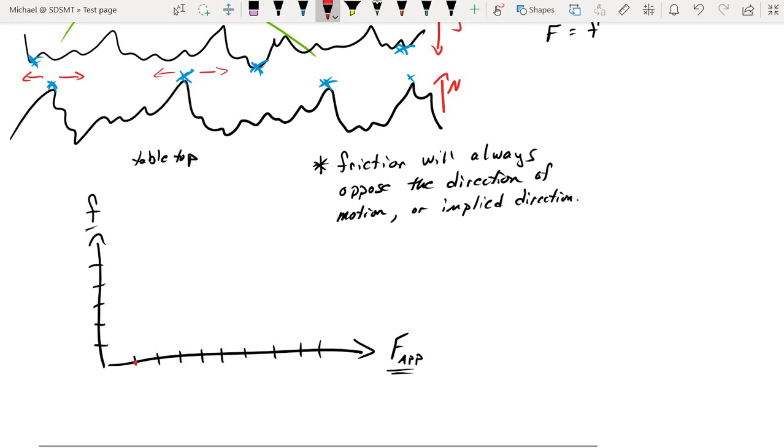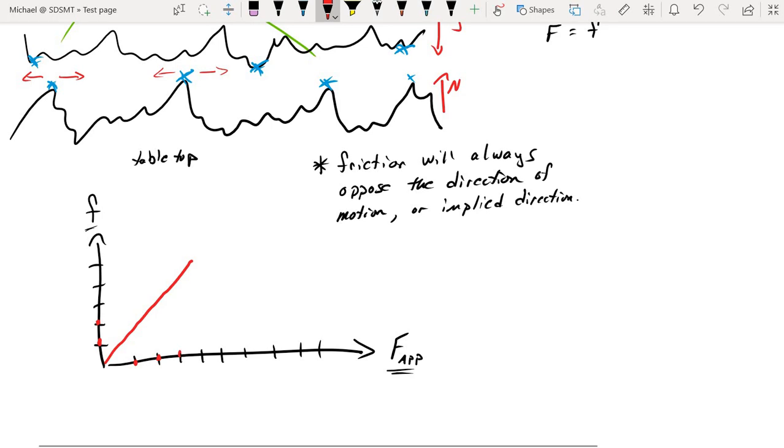So anytime I apply a little bit of force, I have to have an equal and opposite friction force. And if I apply some more force, I have to get more friction force. And what we end up seeing is a one-to-one relationship between the applied force and the friction force.